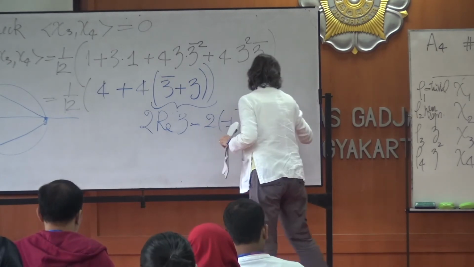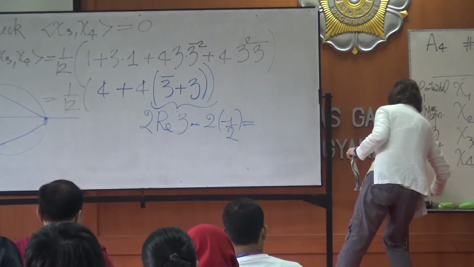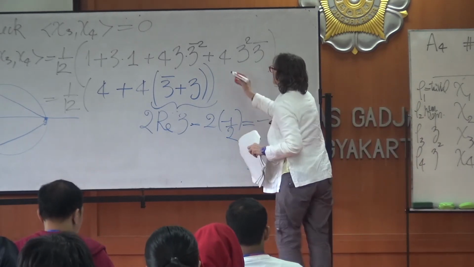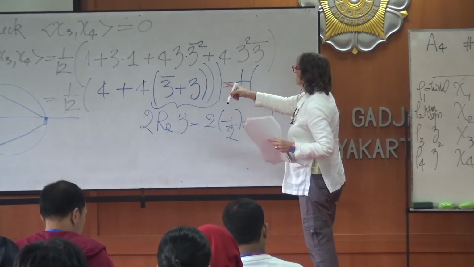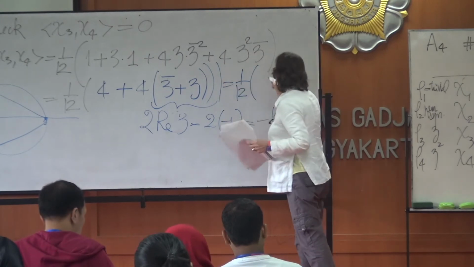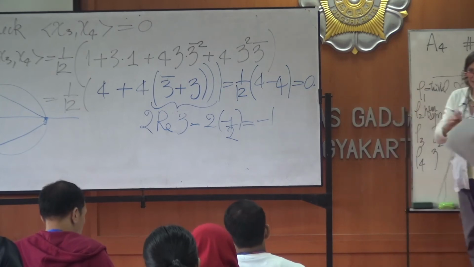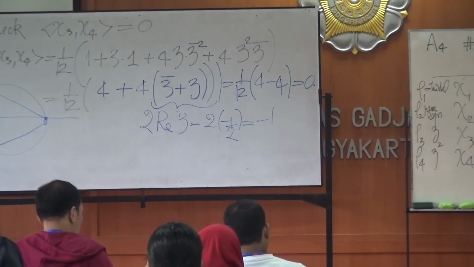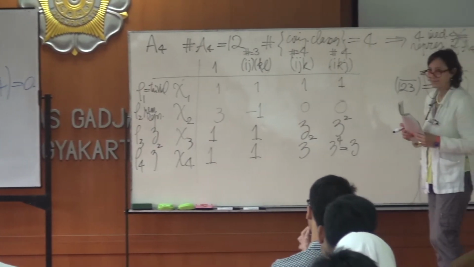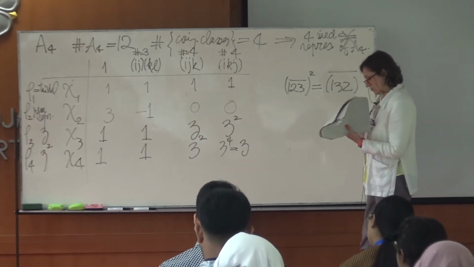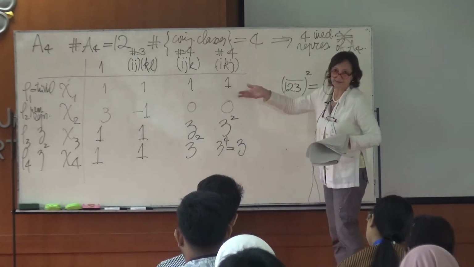This is minus a half, and altogether we get minus 1. So here we get 1 over 12 times 4 minus 4, 0. So you see, this guarantees that the two representations are irreducible, they are dimension 1, but they are non-equivalent. And so, for instance, you could check that each of these rows has norm 1, and so on.